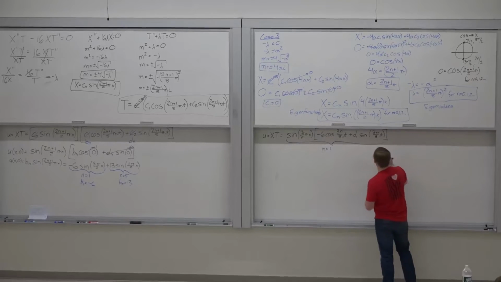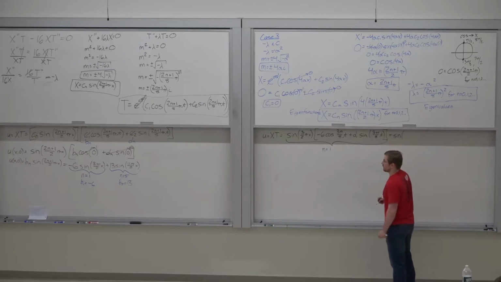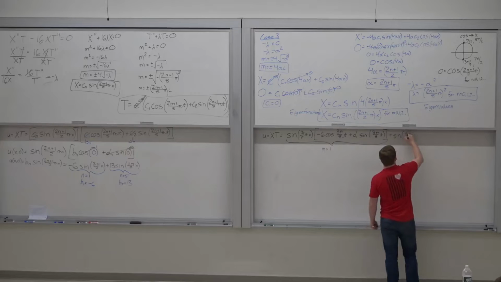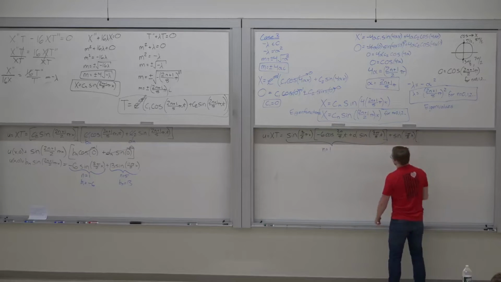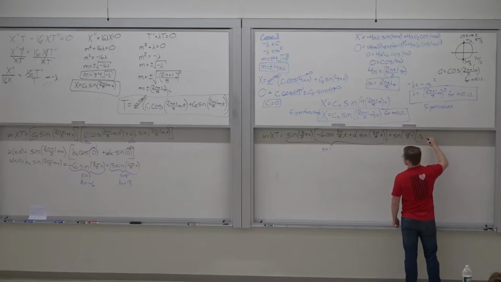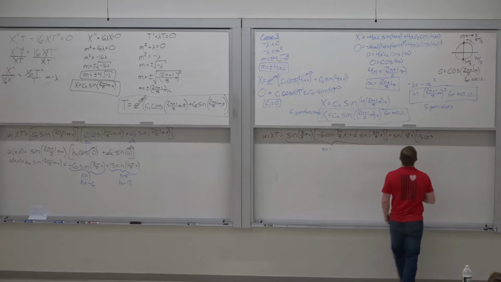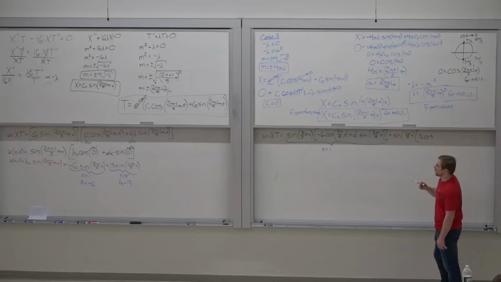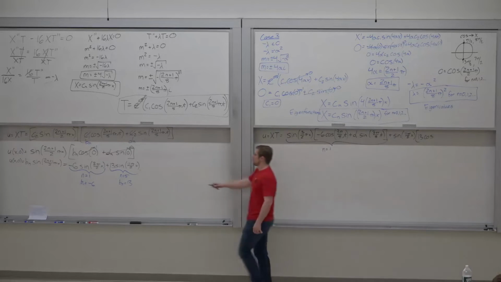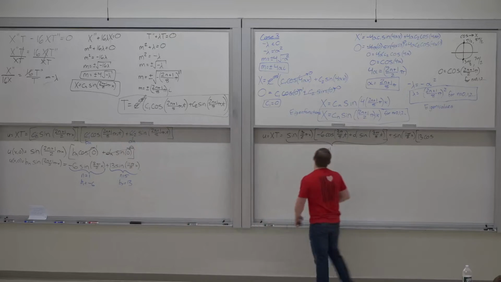Now I get to do my n equals 5 term. So plus sine of 11 pi over 2 x times my b sub 5, which is 13, times cosine of, when I plug in n equals 5 right here, it's going to be 11 pi over 8 times t.